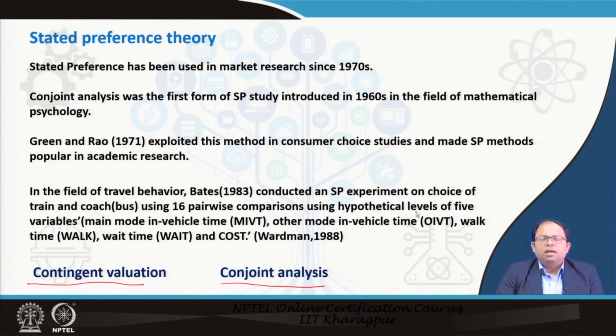That means he changed the levels for 5 variables, which include the main mode in-vehicle time, the second mode in-vehicle time, the walk time to the mode, wait time, and the cost of that particular mode. He changed the values to hypothetical values which are currently not present, and found out if a person will choose a bus or train, and also the relative cost of time was determined. So this was an instance where conjoint analysis was used in travel behavior research.